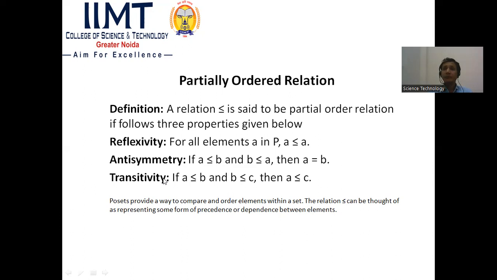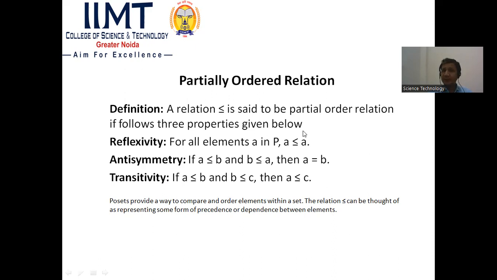We told this earlier in the last slide, but we will explain what reflexivity, antisymmetry, and transitivity mean in this slide.